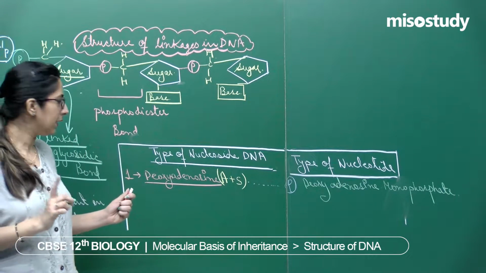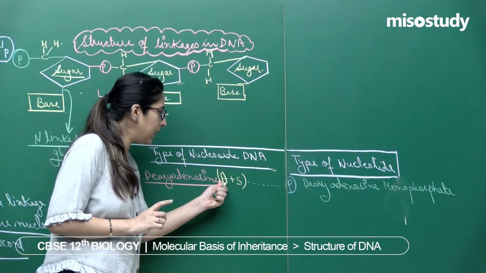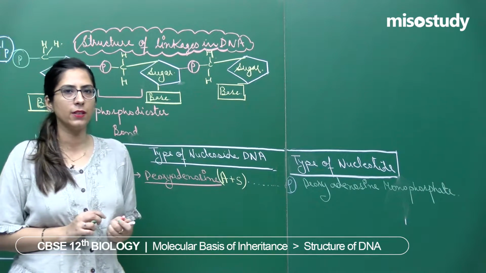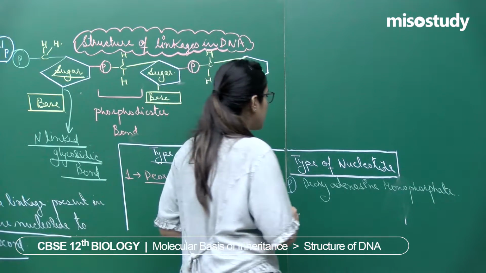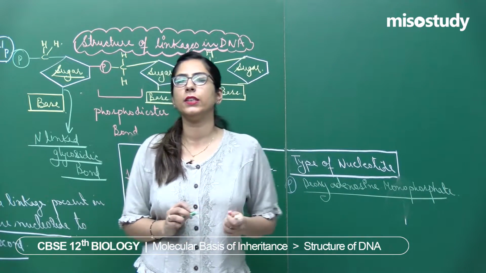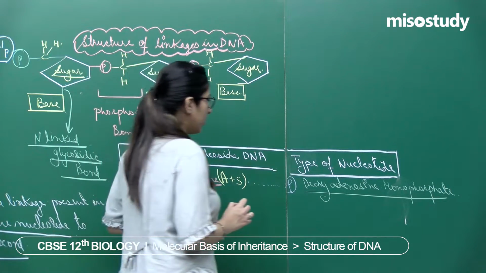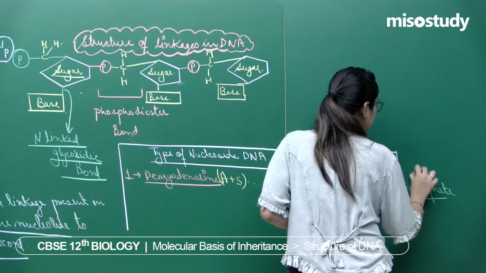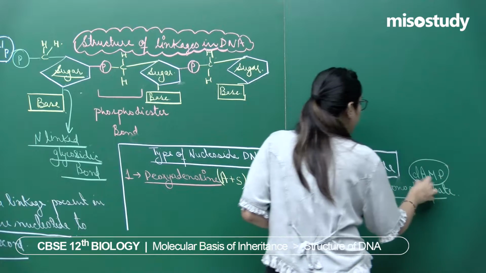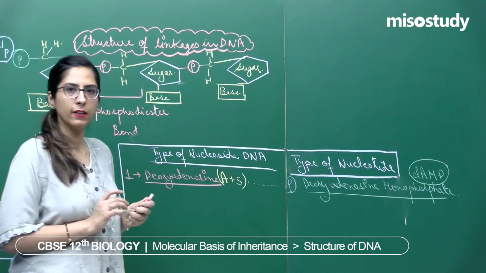So what we have learnt is that adenosine is there, that means adenine is present along with the sugar. When they combine with a phosphate group, what is the formation? That nucleotide is called a deoxyadenosine monophosphate, and this deoxyadenosine monophosphate is called a dAMP. So this is called a dAMP, which overall we can call a nucleotide and a nucleoside, right?